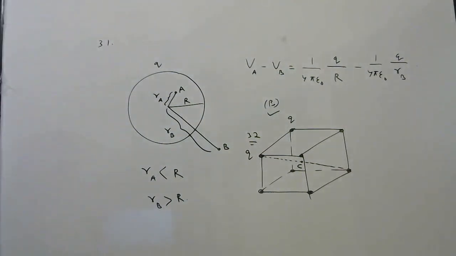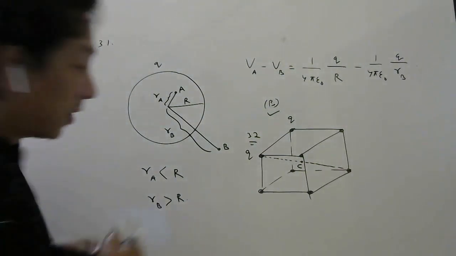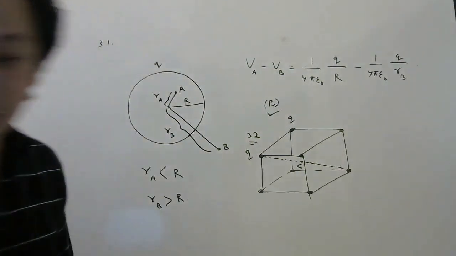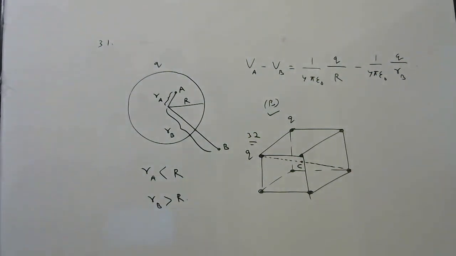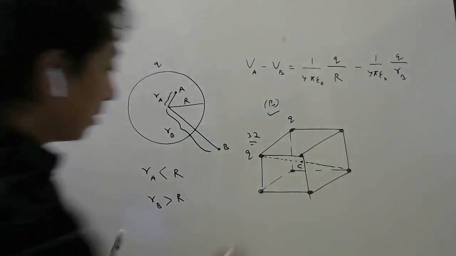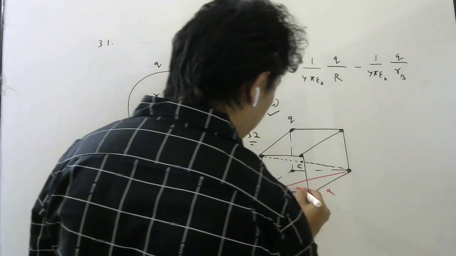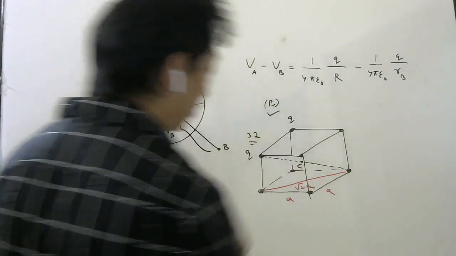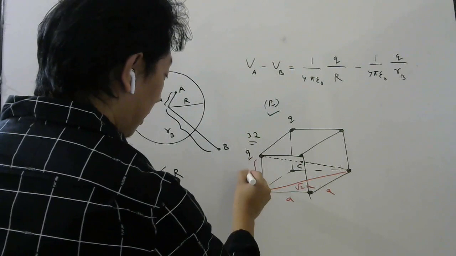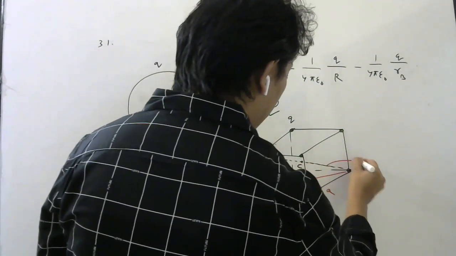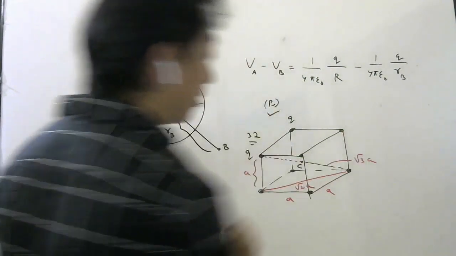Now, a few classes back, I told you: what is the side of the cube they have mentioned? The side of the cube is A. So if this is A, this will also be A. So this hypotenuse will be root 2 A from the Pythagoras theorem. This is also A, so this will be root 3 A from the Pythagoras theorem.